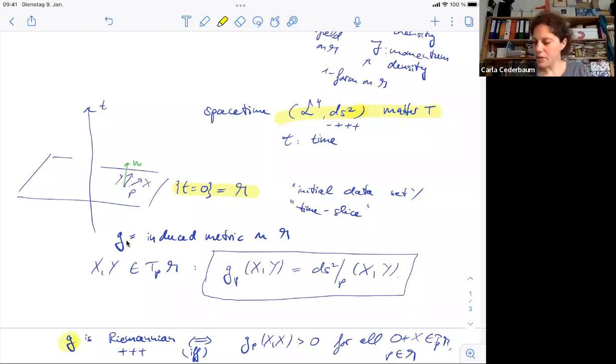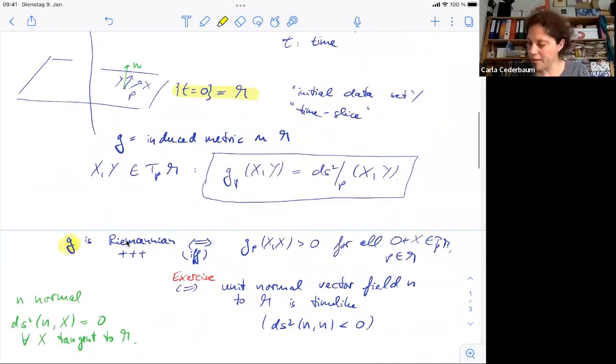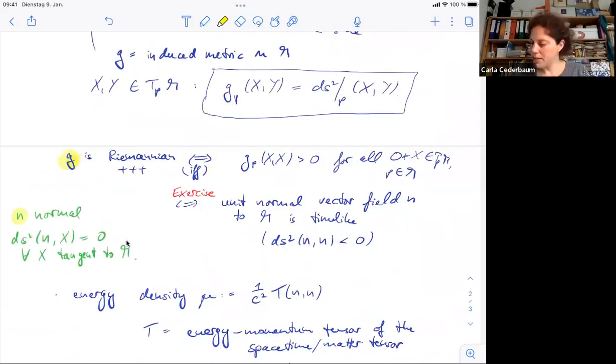I also automatically have this normal. I'll say something about the normal again in a second. I have this energy density and the momentum density. I didn't say what K is yet.